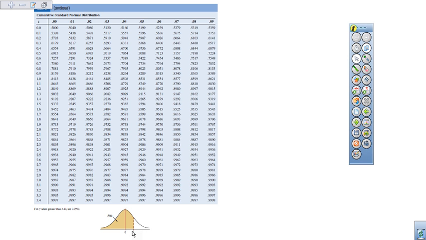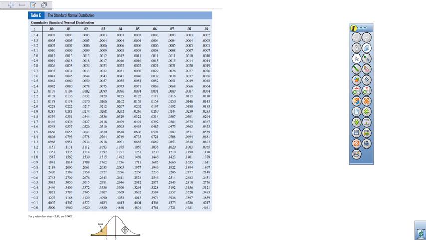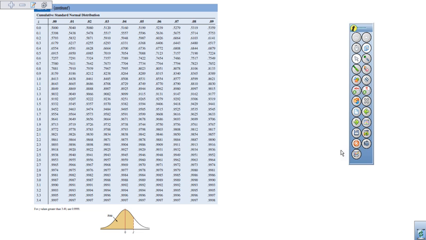We are looking at the positive z-scores, and it's showing area all the way into the positive standard deviations. Whereas this one has all negative z-scores, and we're on the left of the mean. That means we're less than the mean, which means we have all negative standard deviations. I just want to point that out, and as you start applying and utilizing it, it'll start to make more sense.